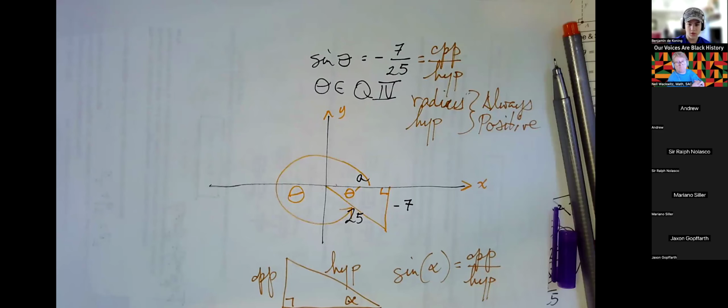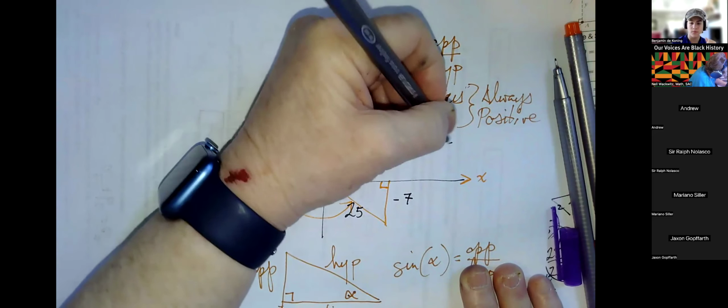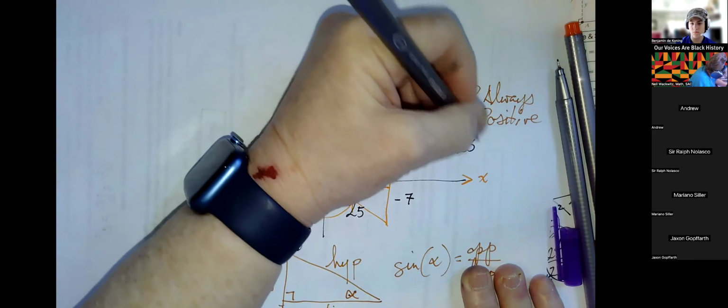Well, if we know that 7 squared plus A squared is 25 squared, good. So first we would square -7, which would be 49. And 25 squared, we just did it, 625.